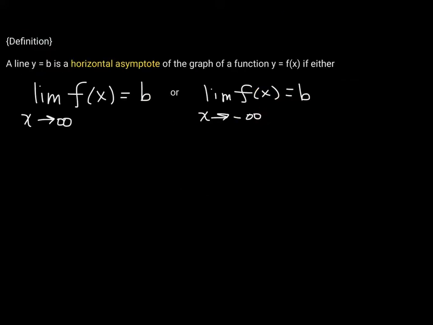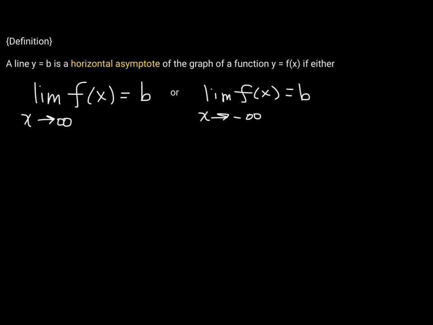Okay, so what is very important is that you observe that the limits at infinity that we've been finding have been real numbers. If the limit as x goes to infinity, or the limit as x goes to negative infinity happens to be some number b, that means the graph has a horizontal asymptote, namely y equal to b.